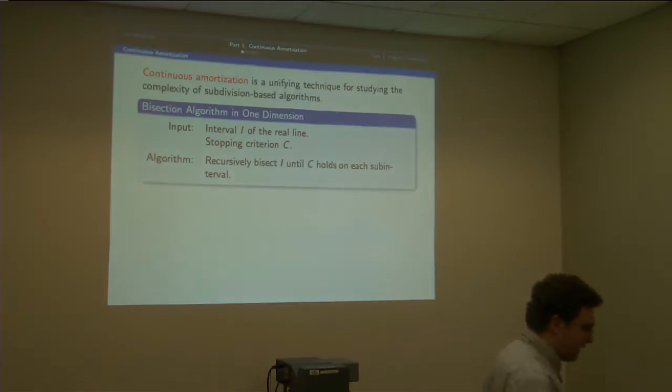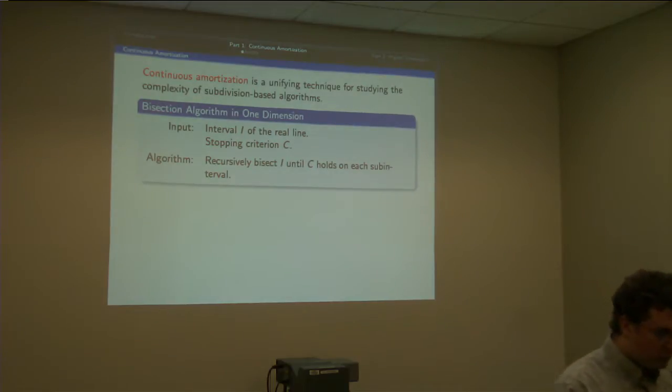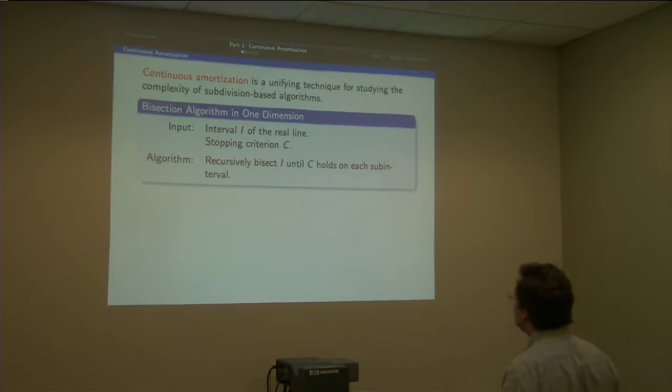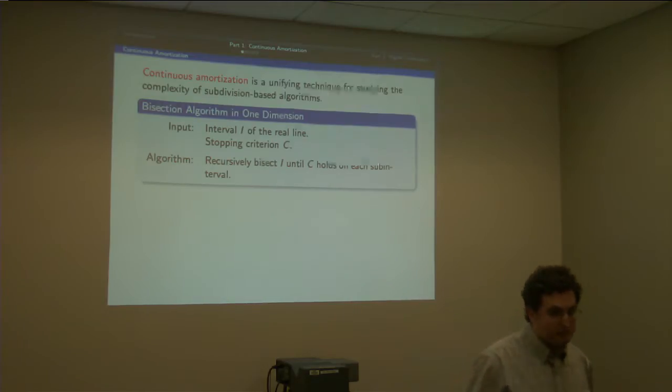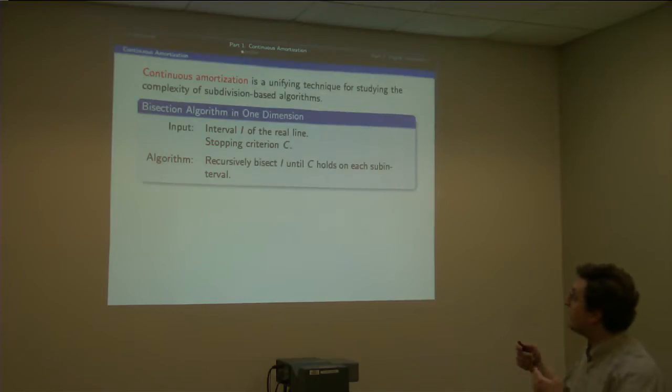Instead of looking for roots, let's just say we have an interval and a test. It doesn't matter what we're testing for, we're just doing it a little more abstractly. What we want to do is recursively bisect our interval until our test works on each subinterval. Before, I showed you a picture where we were finding roots, but it's just a general framework where you want to bisect until some test is always true.